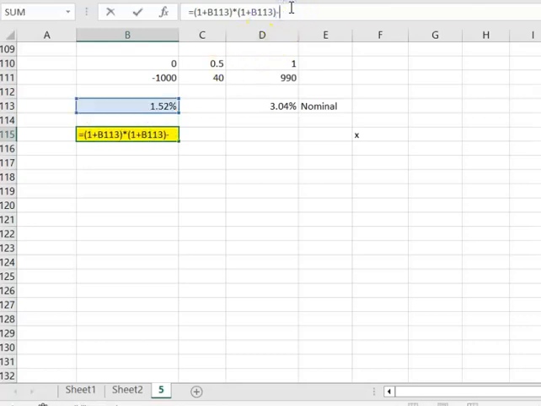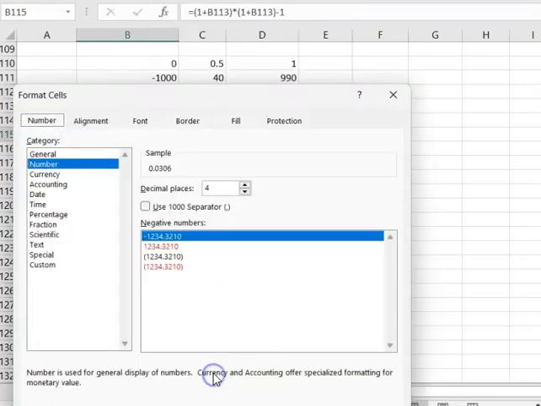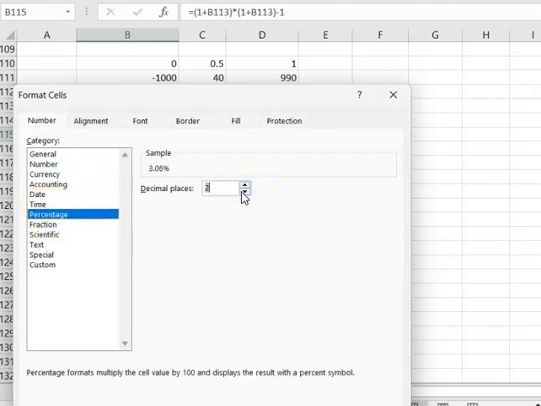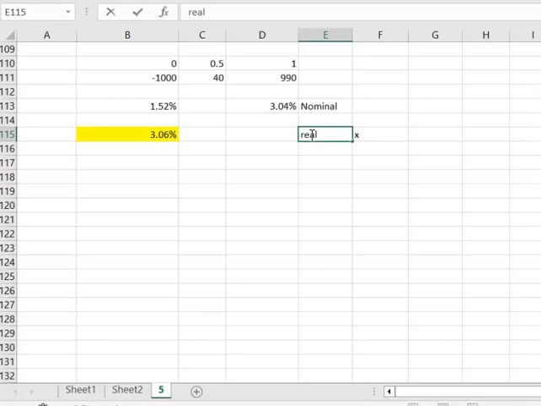So what is the rate of return after 1 year? The real annual interest rate is a little bit higher than this.